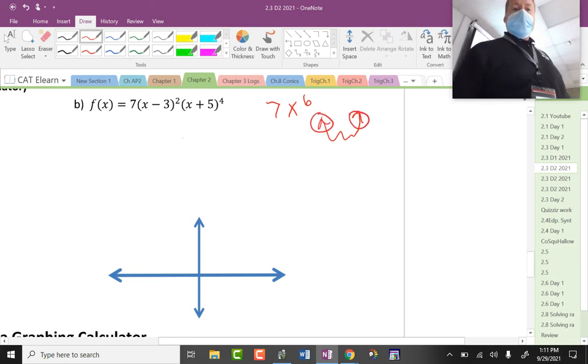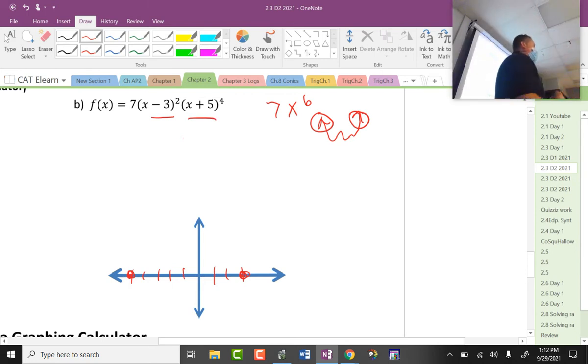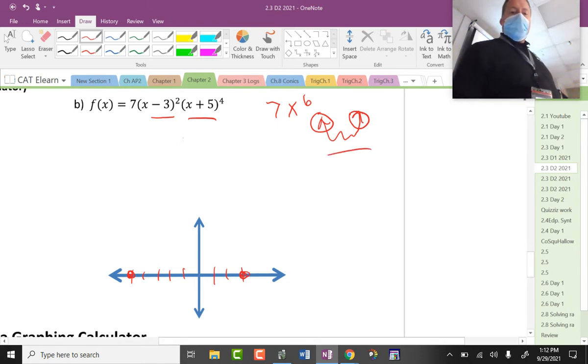Ends up like this. But here's what's interesting. X minus 3, 3. X plus 5, -5. Both of these zeros are even multiplicities. They're both bouncers. So for me to get this to happen with these zeros that I have with only 2 of them, this is what would have to happen.